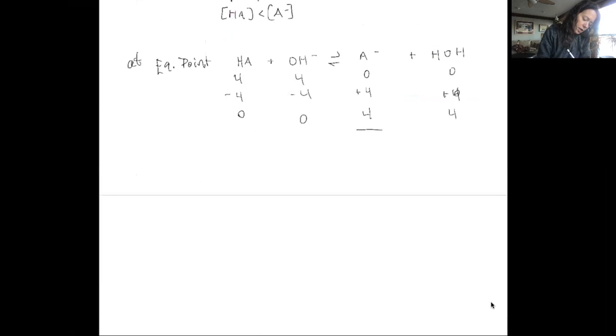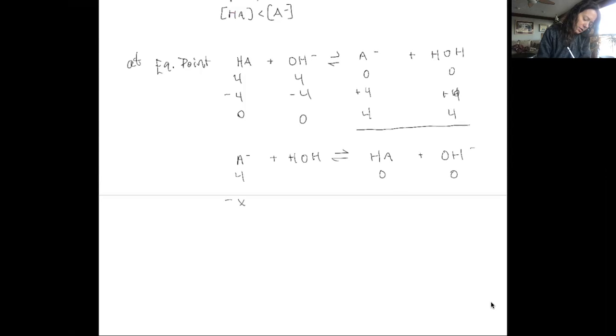However, this is not the way this would remain. The A would then participate in equilibrium with the water, making HA plus OH. This is 4. We're not concerned with this. We have none, we have none.